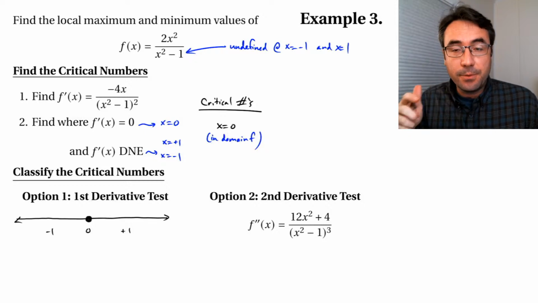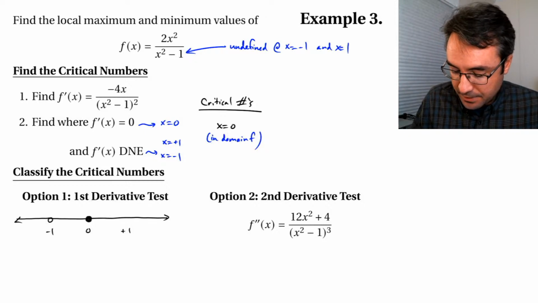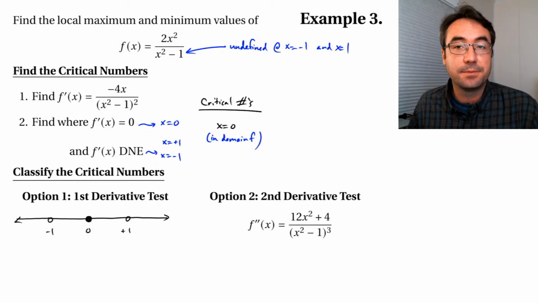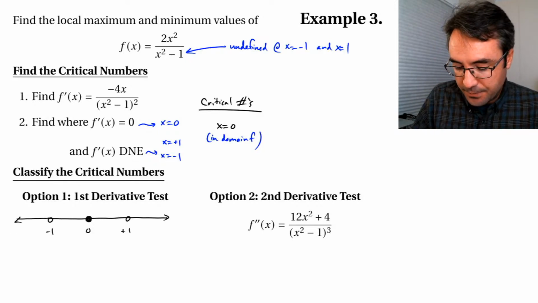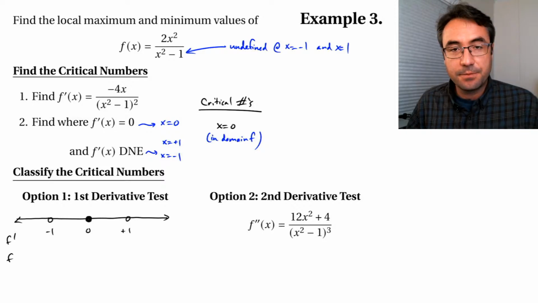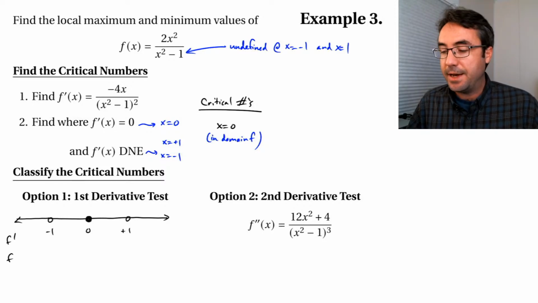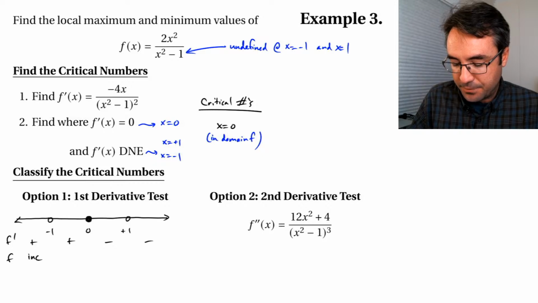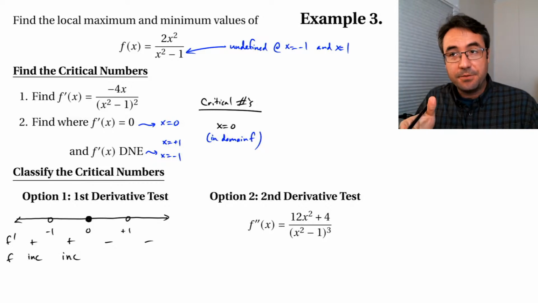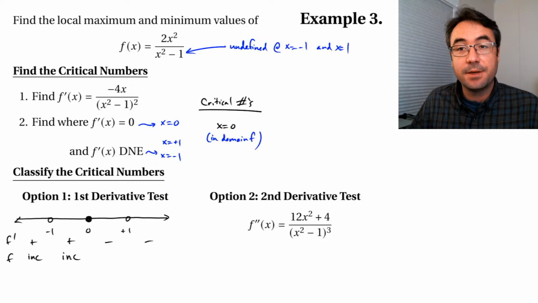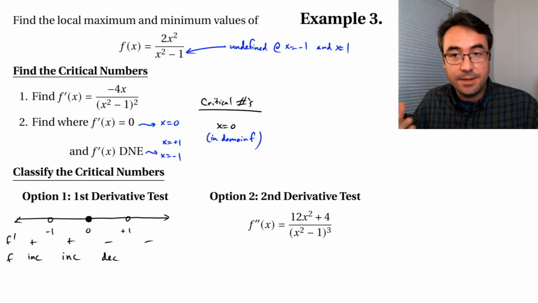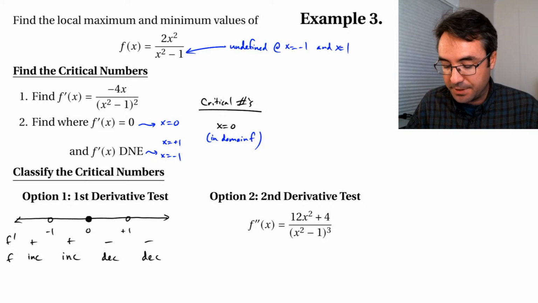For those two other ones, we used open dots, to remind ourselves that we still have to consider those, but they're not in the domain of our function. Then we looked at the sign of f prime on those intervals, and we found that it was positive, positive, negative, negative. So f was increasing, then it was undefined, then it kept increasing, then we started to decrease, then it was undefined, and then our graph continued to decrease.